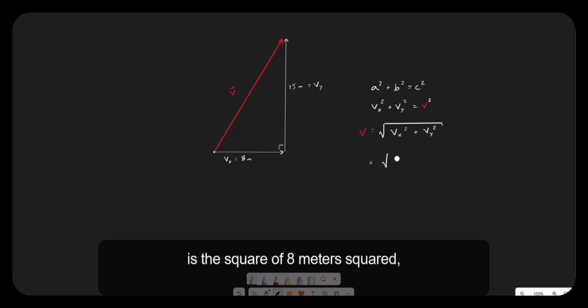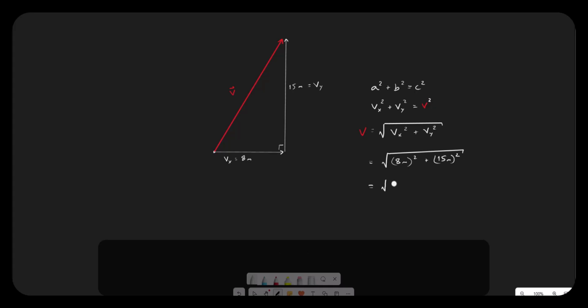which is the square root of 8 meters squared plus 15 meters squared. 8 squared is 64, 15 squared is 225. If I add those together, I get 289. And the square root of 289 happens to be 17.